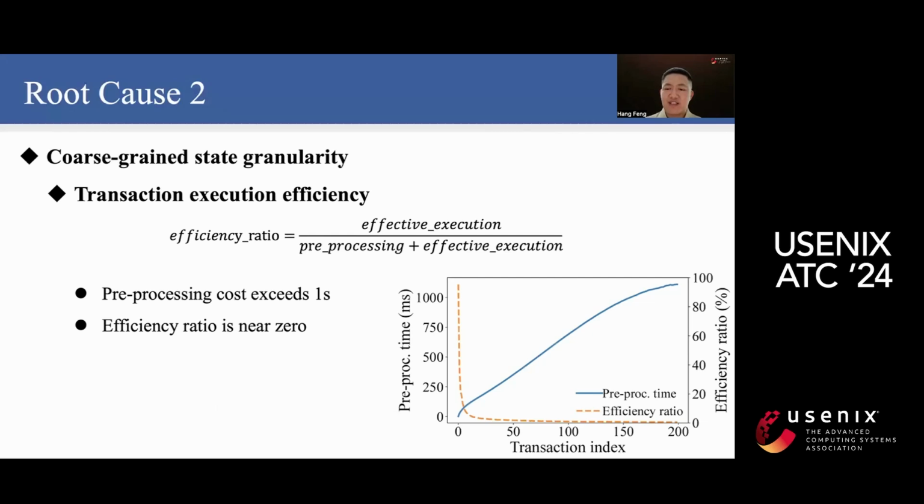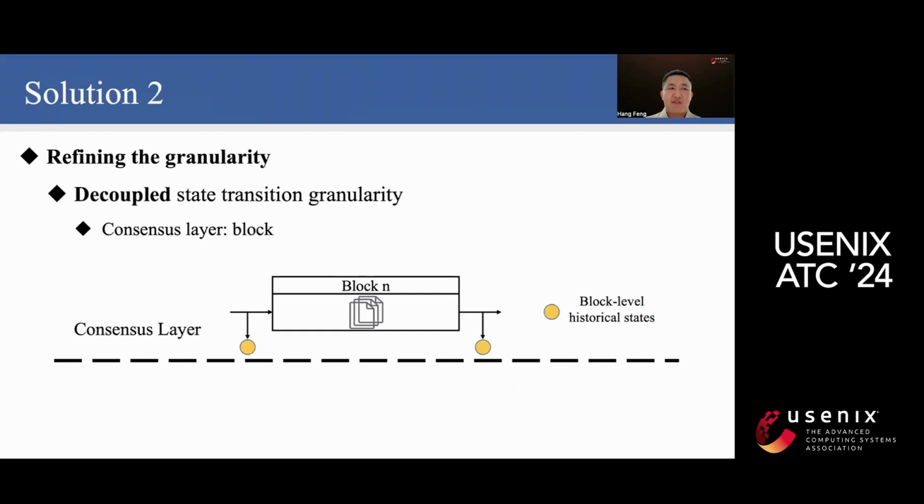As transaction index increases, the preprocessing time grows and the efficiency ratio decreases rapidly. When the transaction index reaches 200, the preprocessing cost exceeds 1 second, and the efficiency ratio is near zero. Thus, our second solution is refining the granularity of historical states.